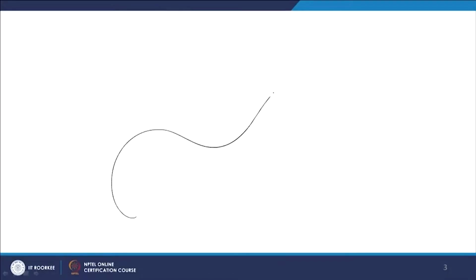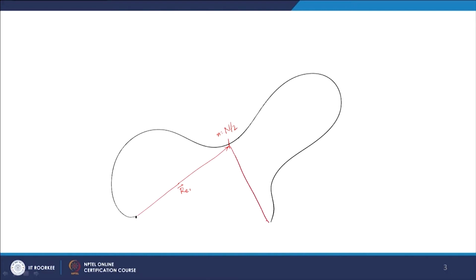If I have a polymer chain in space, and I divide the chain into two halves along the contour, that is at n equal to N by 2, then I look at the segment until here, which may have a certain end-to-end distance, and the other half that may have a certain end-to-end distance.